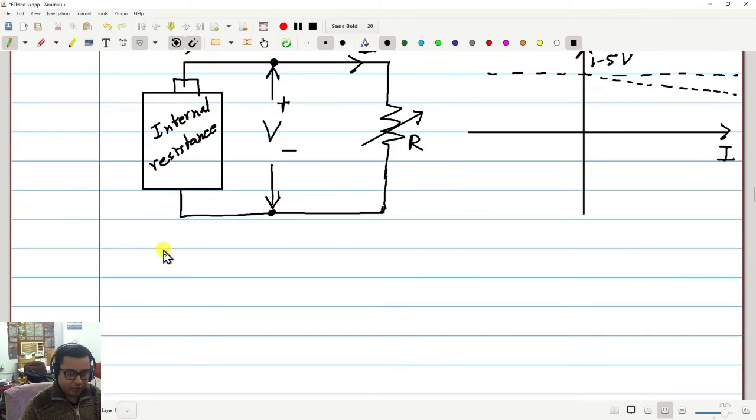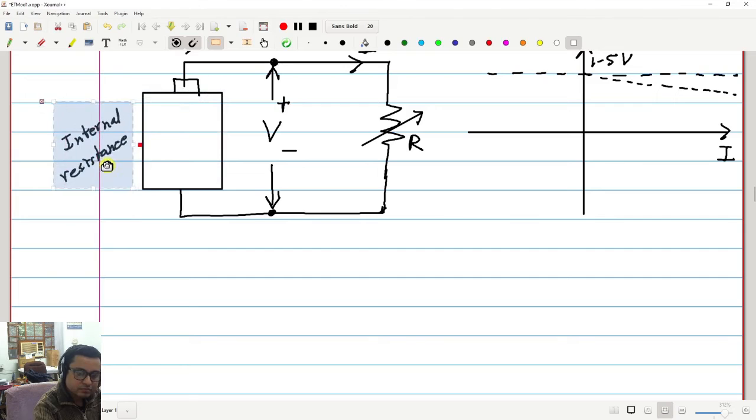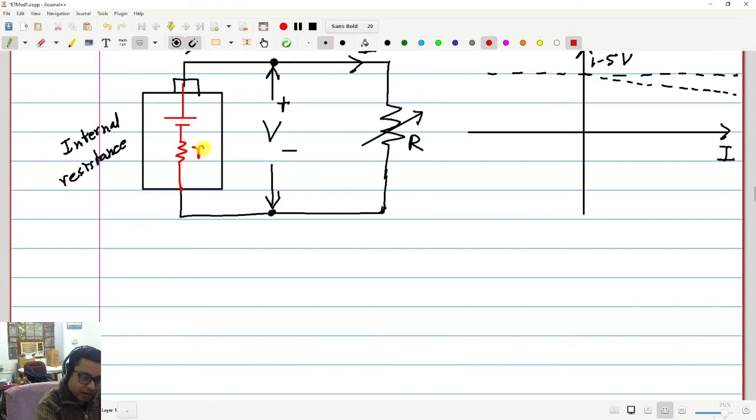Okay, and how do we represent this fact? We say that there is some internal resistance, small maybe, R, in series with the battery voltage. That's how we represent this voltage drop.